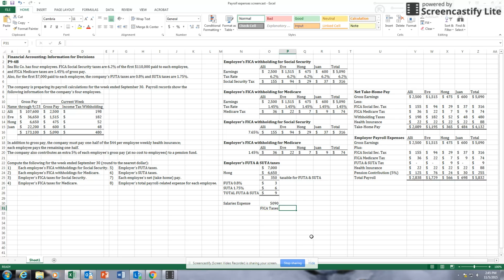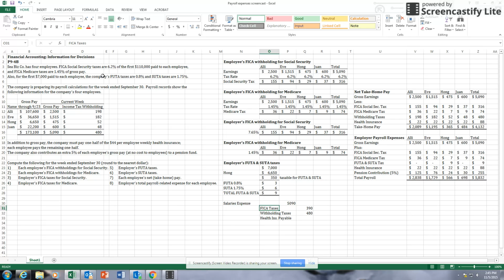which I'm going to move over slightly so it's easier to see. We can net the 316 and the 74 to 390. We will credit the withholding taxes, those income taxes that are withheld, which is $480. We can credit the health insurance payable.